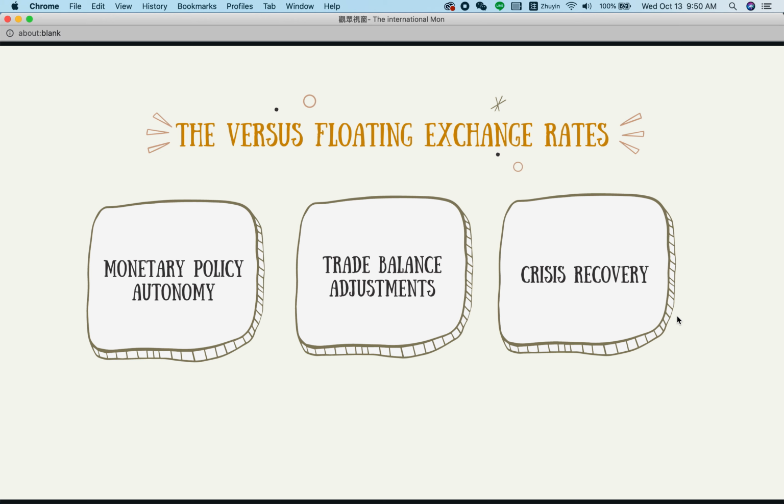autonomy. Monetary expansions can lead to inflation, which puts downward pressure on the flex exchange rate. Higher interest rates lead to an inflow of money from abroad, which puts upward pressure on a flex exchange rate.